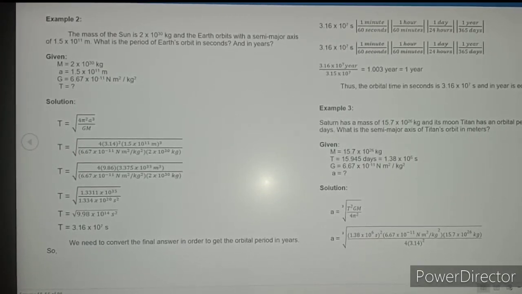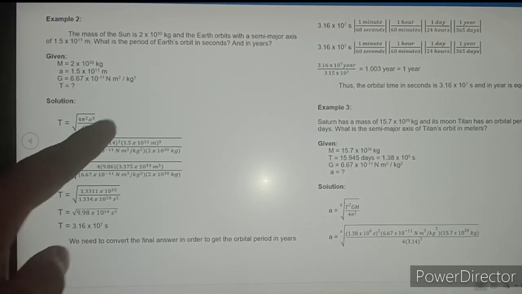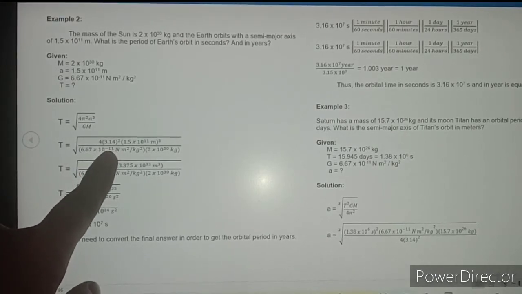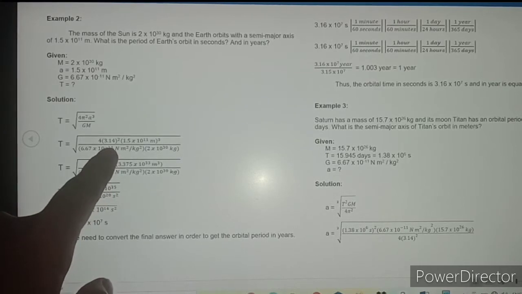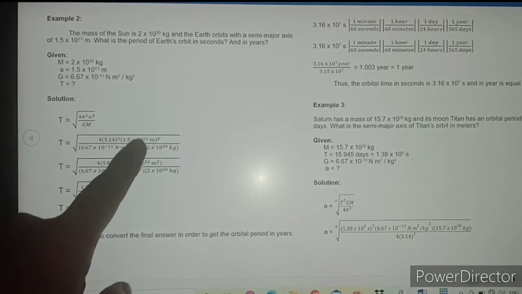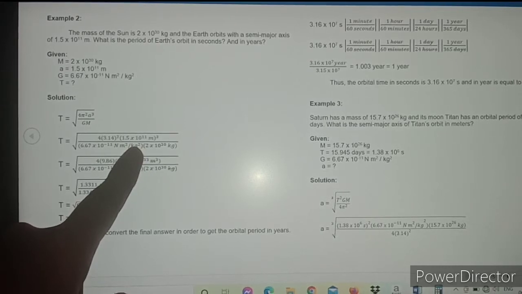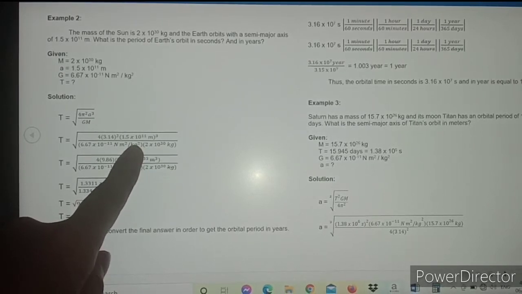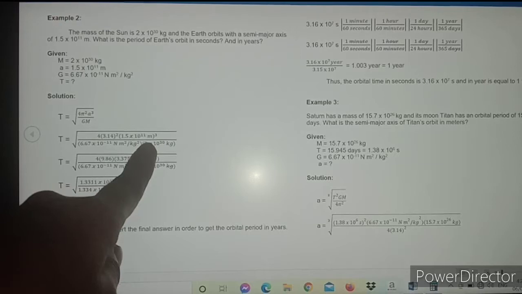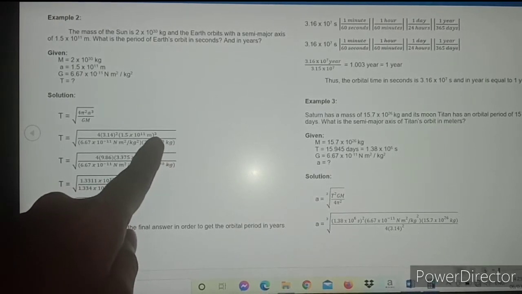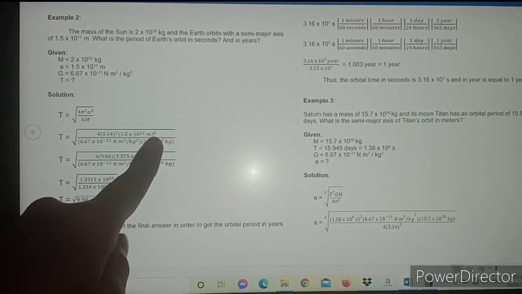In pi, again, we have the value of 3.14 and we need to get its square. And then, for the Earth's semi-major axis, which is 1.5 times 10 raised to 11 meters, we need to get its cube.